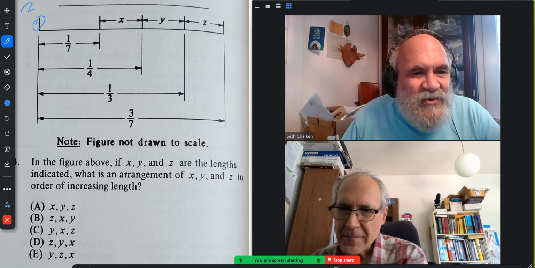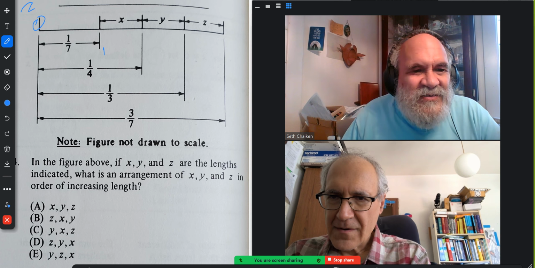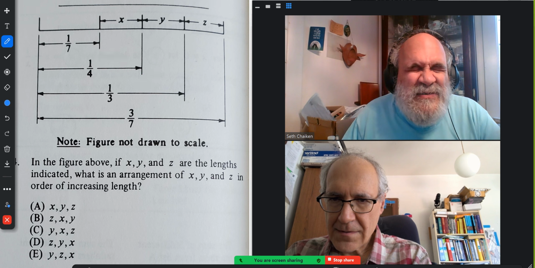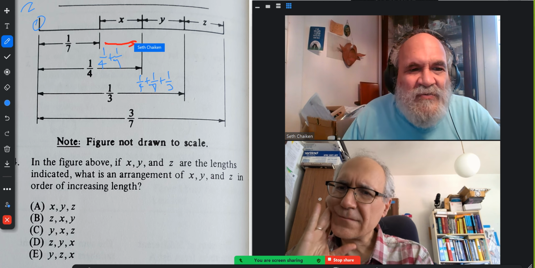Well, I think what you have to do is calculate each of these differences. A quarter minus a seventh. It's this distance here, the value of x.